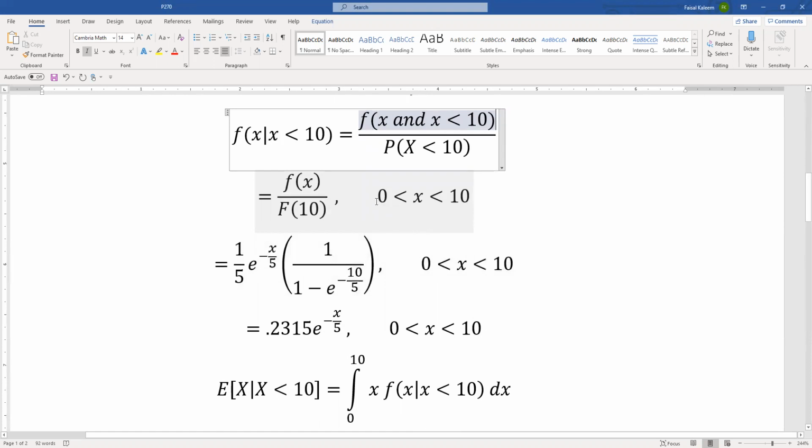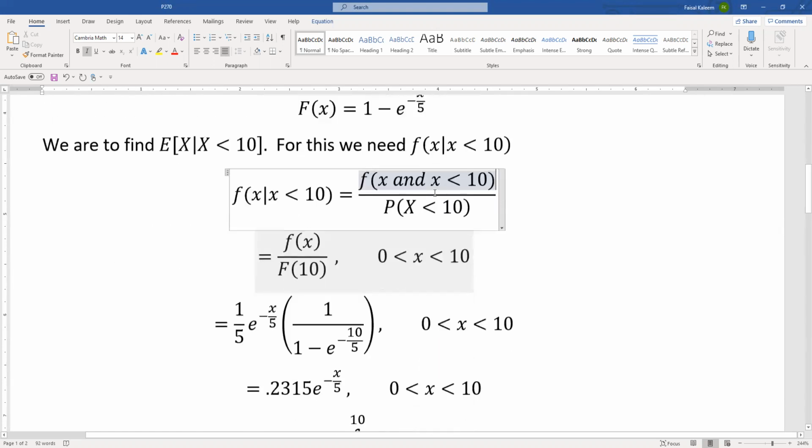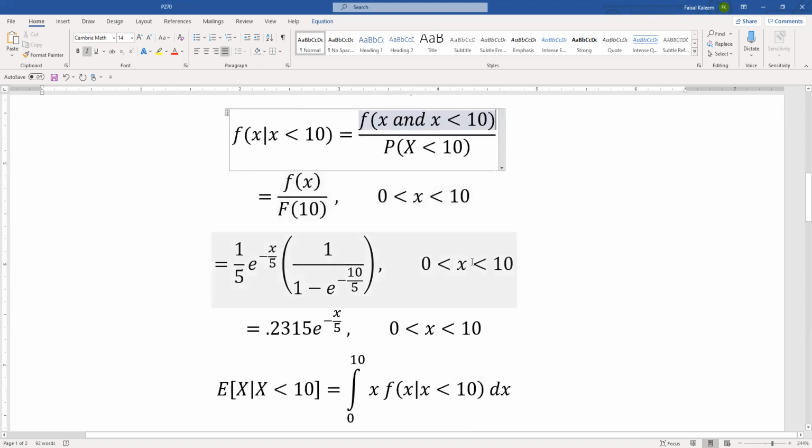The bigger than 0 was part of the original, but now the condition is also stopping it at 10. So f of x on the top, with the less than 10 part written as the condition, and then the probability x is less than 10 is the big F of 10.